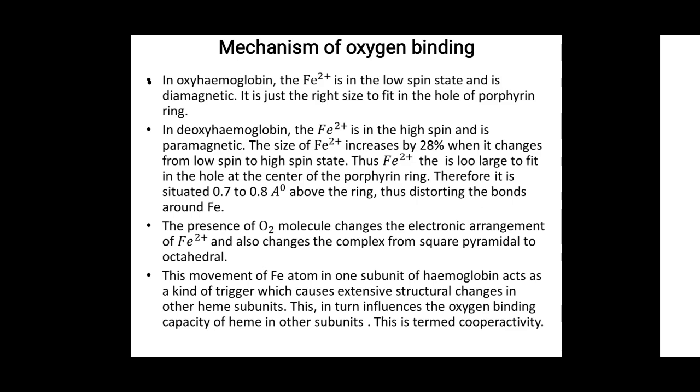Before oxygen binding, it is a 5-coordinated system. So obviously its shape will be square pyramidal, whereas when oxygen binds with the iron, it becomes octahedral.